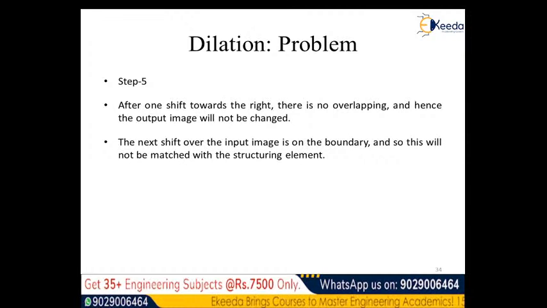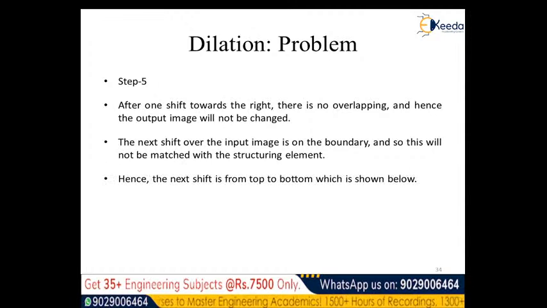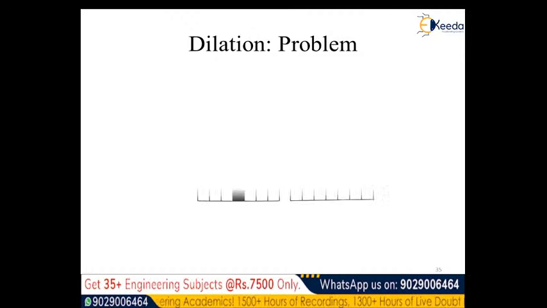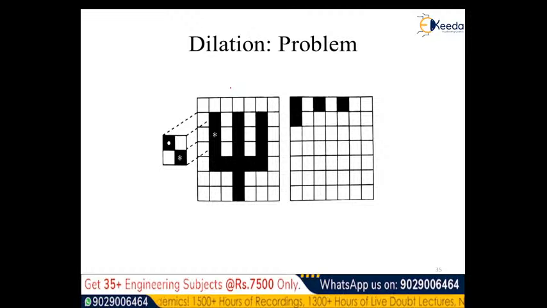The next shift over the input image is on the boundary, and so this will not be matched with the structuring element, and finally the next shift is from top to bottom, which is shown here. So in the previous illustration it should be a match, and that should produce the black color here, and as we have shifted to the next row, this much of the image portion we have obtained.